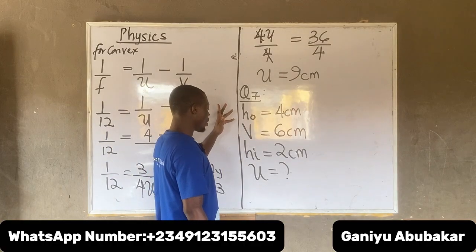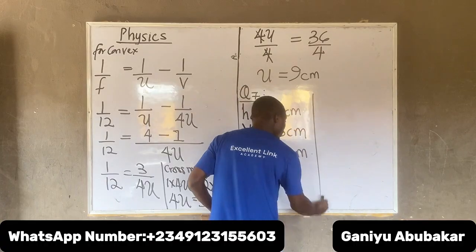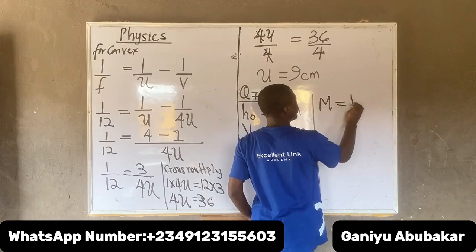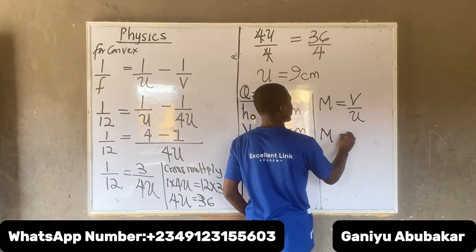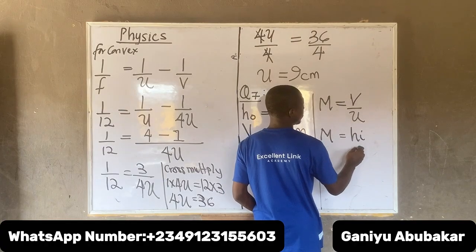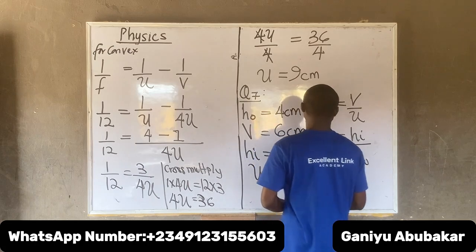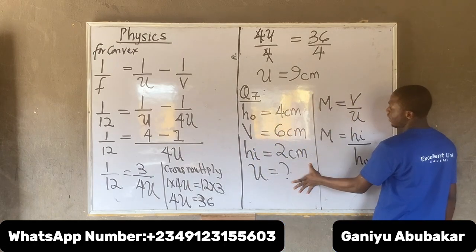You can see that you are relating two things together, right? We established that M is equal to V over U. We said M in terms of height is the height of the image over the height of the object. So it seems these two are coming into play here, right?